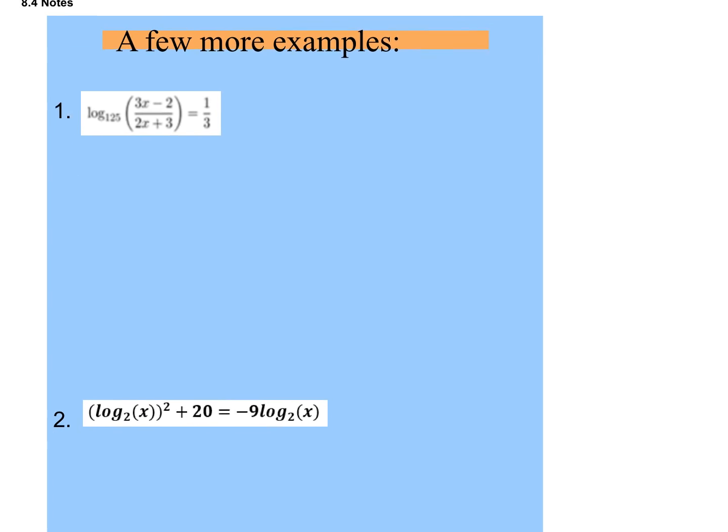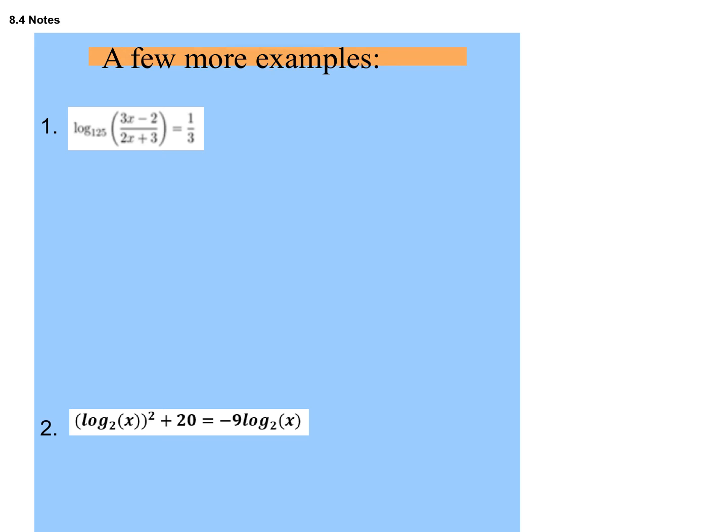All right, these are the last 2. Would everybody please solve these fairly quickly? And check with the kid next to you and see if you did them the same as they did. 125 to the 1/3. And what is that actually? 5. All right, so 5 equals, and then all that other stuff, 3x minus 2 over 2x plus 3.